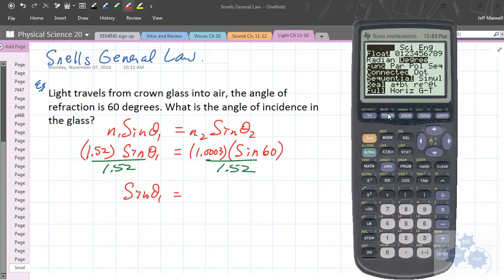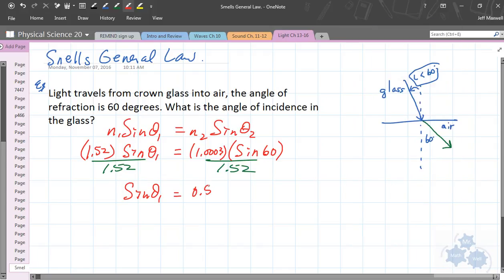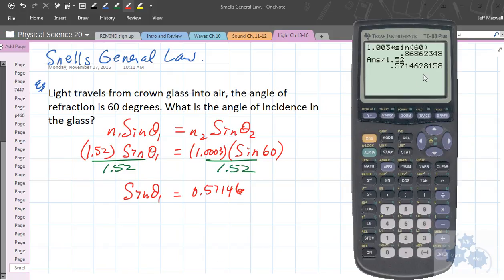Make sure your calculator's in degrees, not radians or something else, and then do the division. So this is what I often do so I don't make operation errors. Just do it in pieces. Okay, so we get 0.57146. Now you should use the entire decimal on your calculator, so don't clear this off. Leave this number in here when you do your next calculation.